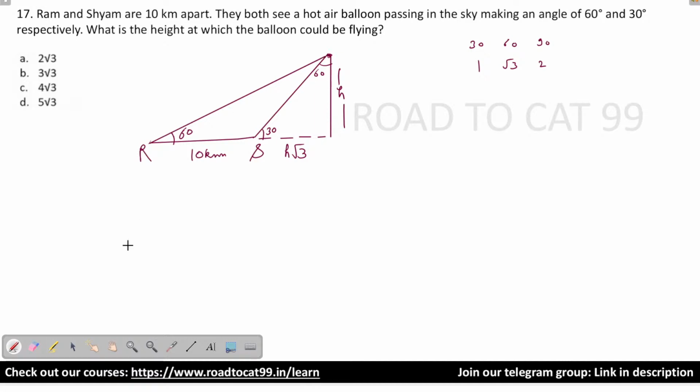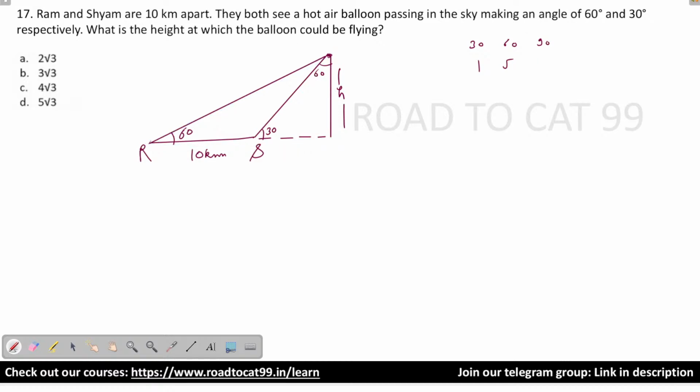Second, if I talk about this bigger triangle, right? तो यहाँ पे 60 के सामने वाली साइड h है, तो... this diagram is wrong.